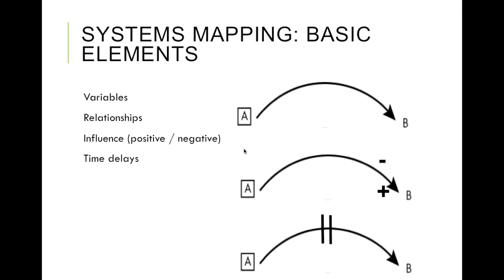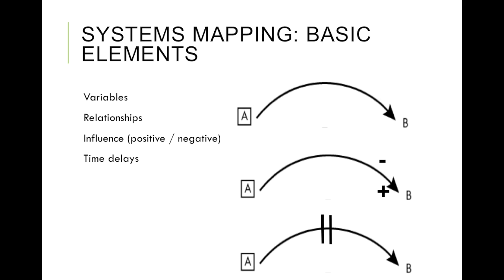So the basic elements of a systems map is that we've got variables, and the variables are represented here in this picture with A and B. And variables or elements are nothing else than an element or a factor or a thing in that system that relates to or is important to that system's functioning and working and so on. You've got relationships between elements, so that's represented by the arrow here, the relationship from A to B, meaning that A has a certain influence on B.